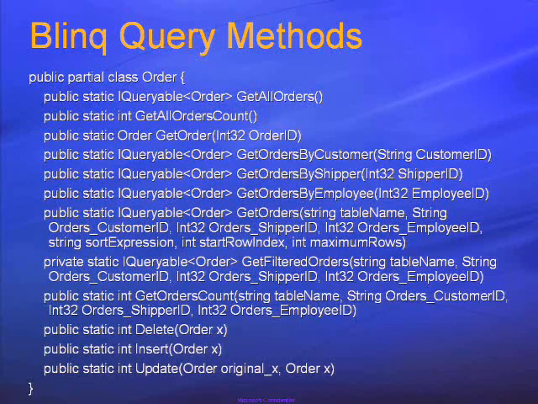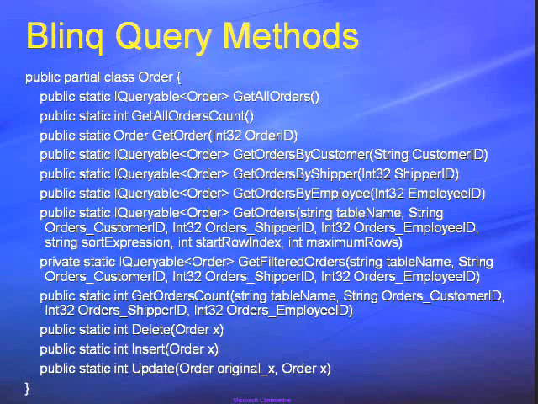These complex methods are for when there's more than one foreign key relationship: we generate a method that takes all of them as parameters, and then allows you to specify which of them you want this method to filter by. So it's a substitute for calling any one of these, but a way that you can use a single method to do it.